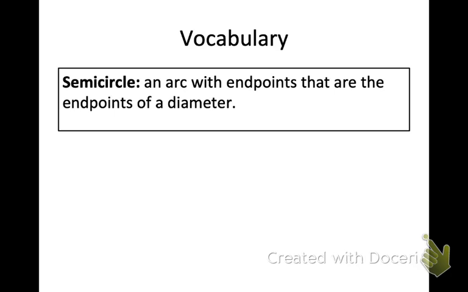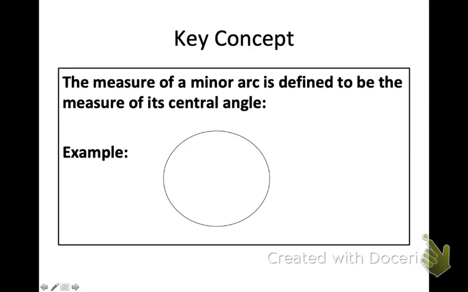Okay? All right, so now let's talk about the relationship between the measures of minor and major arcs. So for our first one, we're going to talk about minors. So the measure of a minor arc is defined to be the measure of its central angle. So let's make a central angle that looks like it's a 90-degree angle.